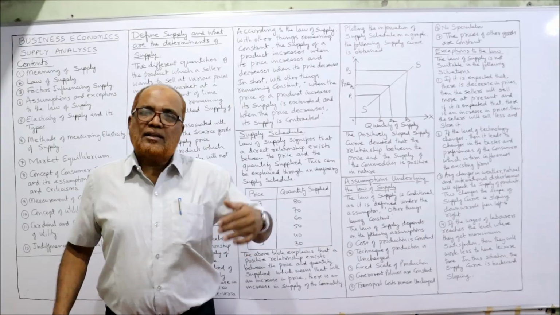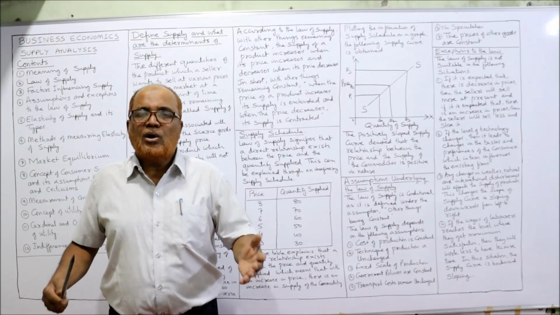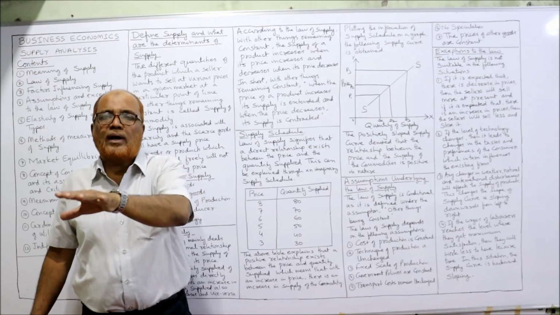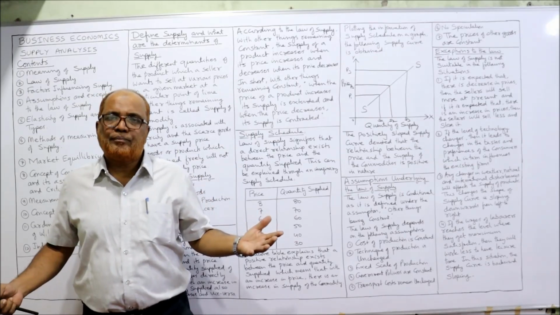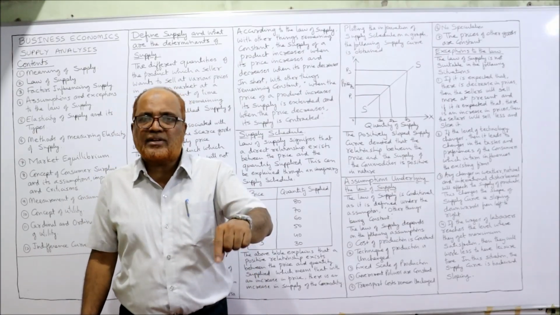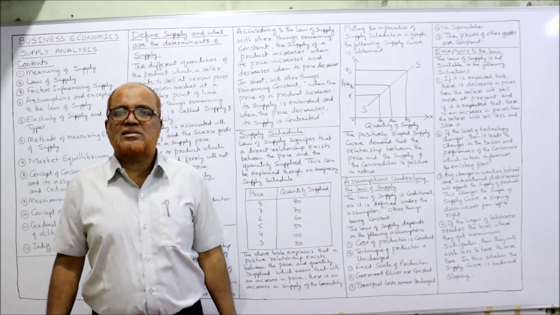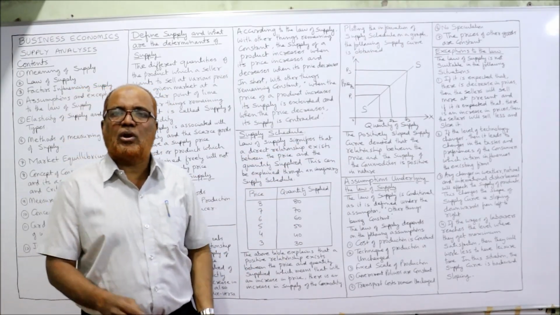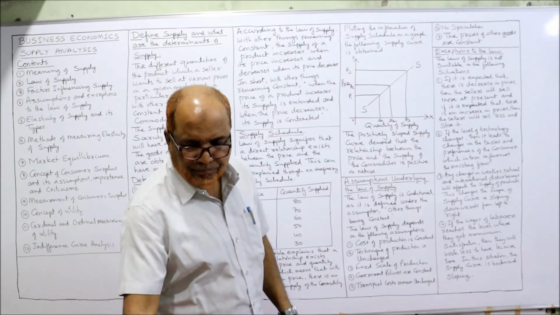In that case, the supply will get affected because workers are satisfied with the level of wages. They don't want to work more, they want leisure time. So the production will get affected. When production gets affected, the supply will also get affected. So these are some of the exceptions to the law of supply.